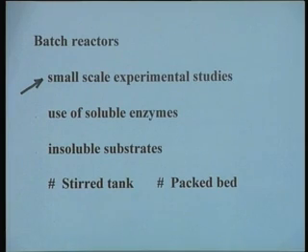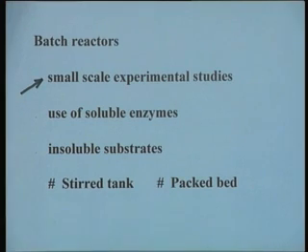Batch reactors also have an important feature for use with soluble enzymes, because most continuous enzyme systems are not very suitable. Of course, there are options where even soluble enzymes can be used in a continuous reactor, but for practically most applications the use of soluble enzyme is usually with batch reactors.